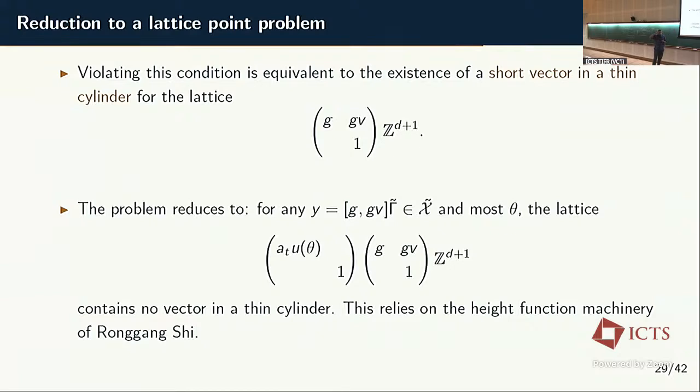Around 15 years ago, there was a kind of breakthrough in homogeneous dynamics, which was the classification of stationary measures for random walks by Benoit and Quint, which played an instrumental role in Eskin-Mirzakhani. We use something called the height function machinery of Benoit and Quint, which was developed further by Rong-Gang Shi, to show that this almost never happens.